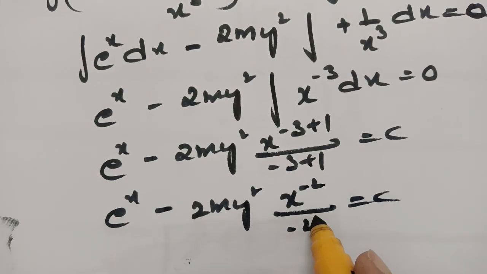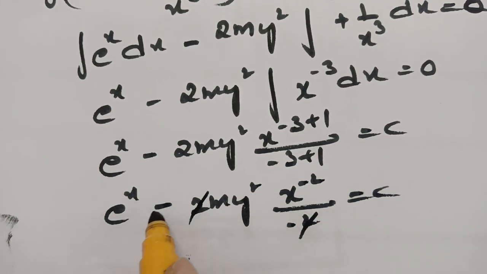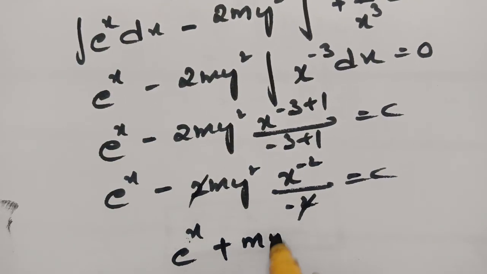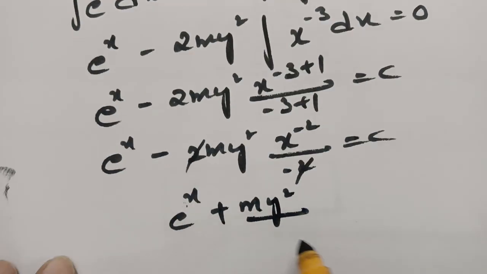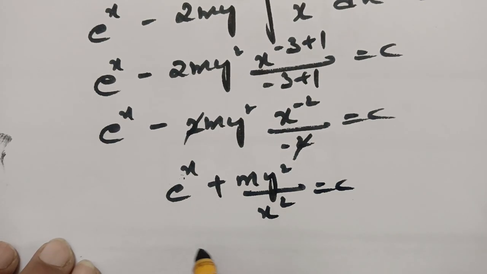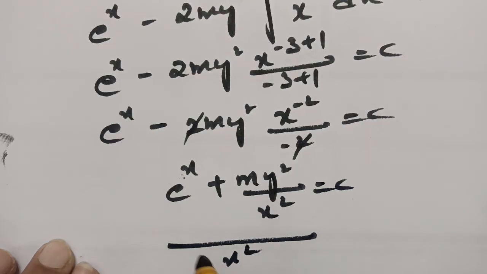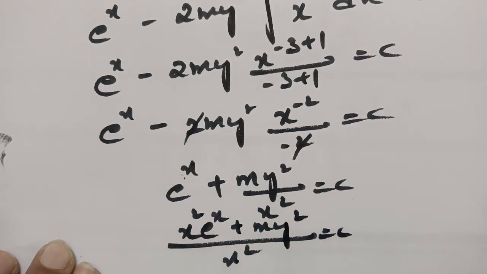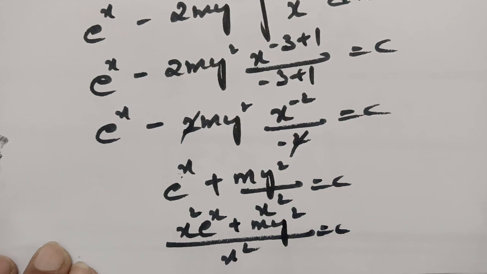This can be written as e^x minus 2m y^2 x^-2 by -2 equals c. The -2 cancels, minus minus becomes plus, and e^x plus m y^2 x^-2 in the denominator is c. Taking x^2 as LCM, this is x^2 e^x plus m y^2 equals c, and our final answer will be x^2.